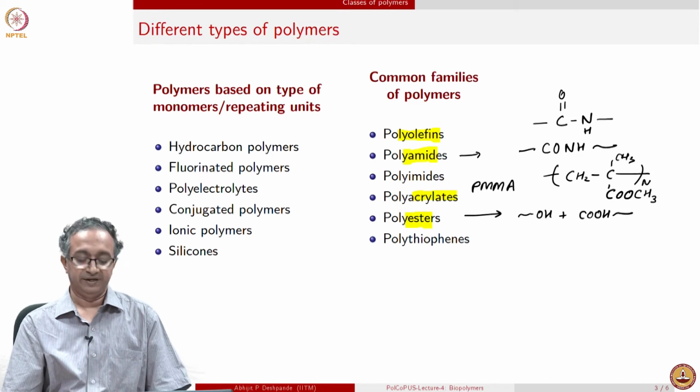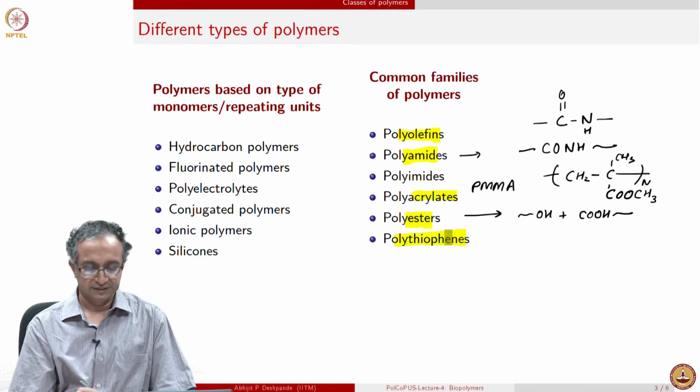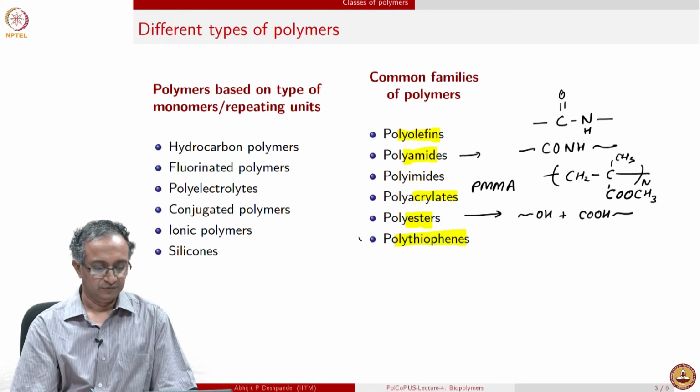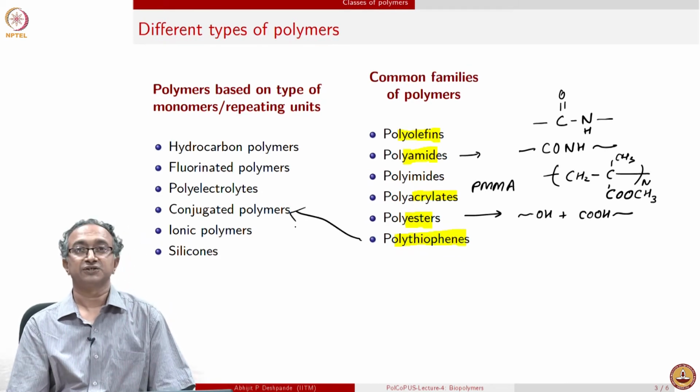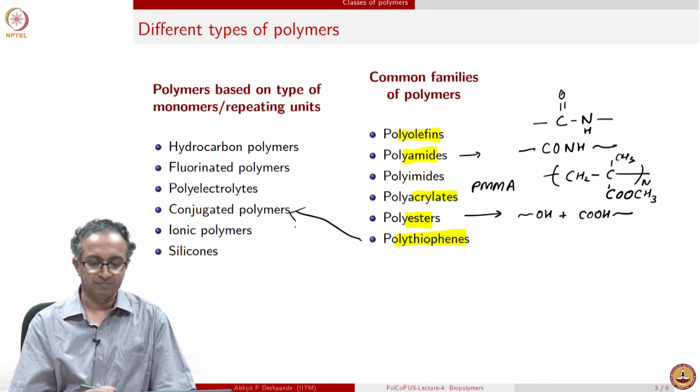So acrylates are a very important class of materials. Polythiophenes are a very important class of conducting polymers, conjugated polymers. So this is some examples of common families of polymers.